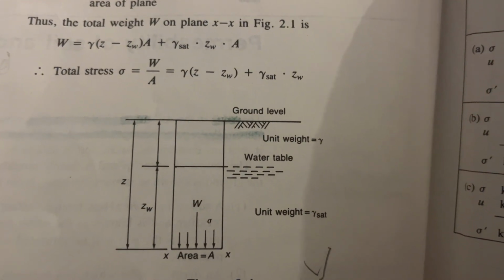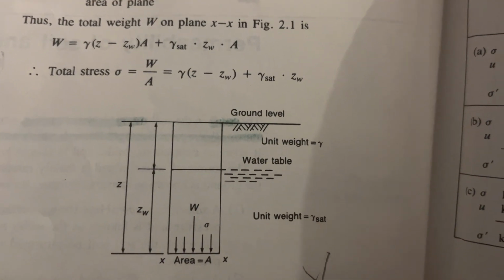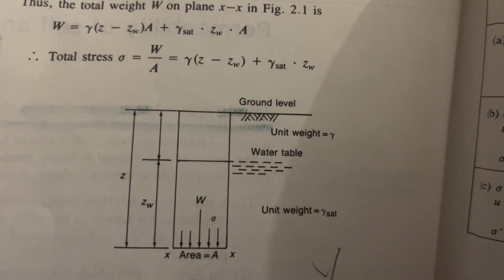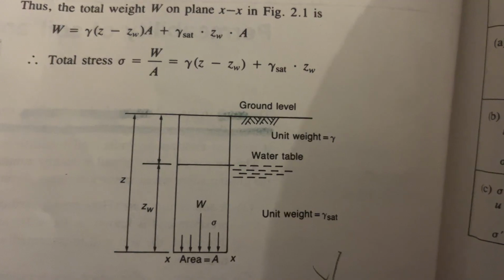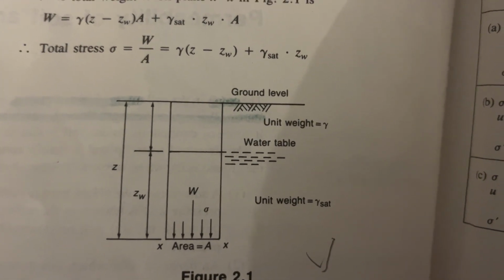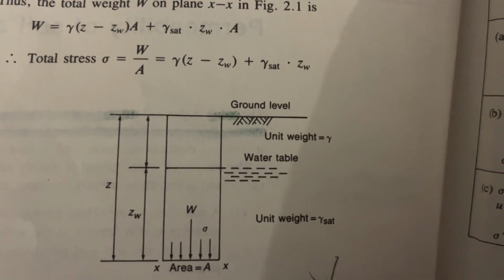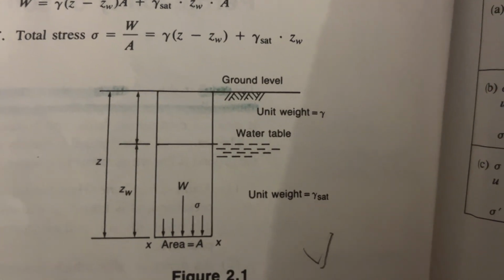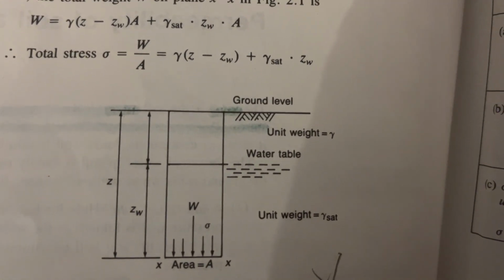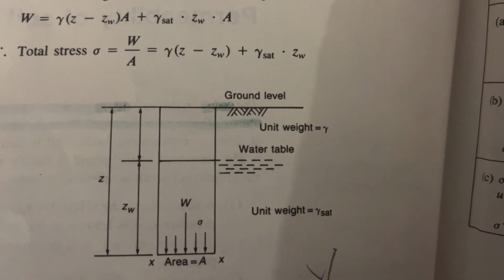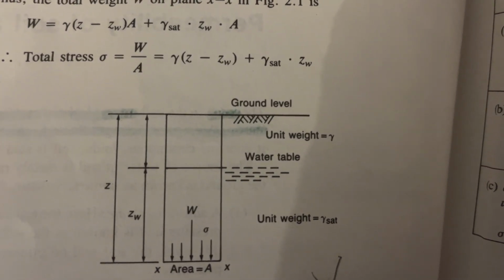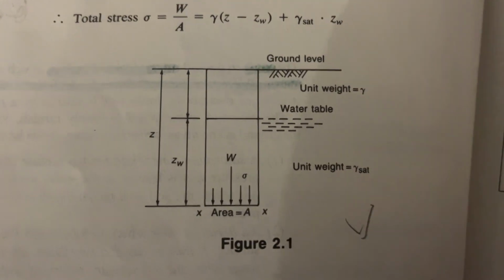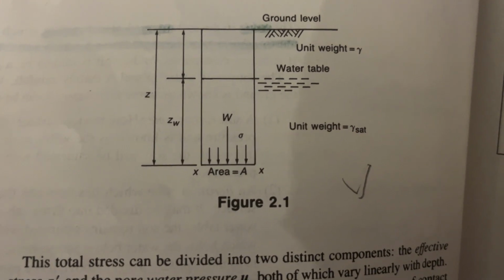Your total stress sigma could be simplified as gamma Z minus gamma ZW plus gamma sat times ZW. You could change it around a little bit, but that is basically the equation.